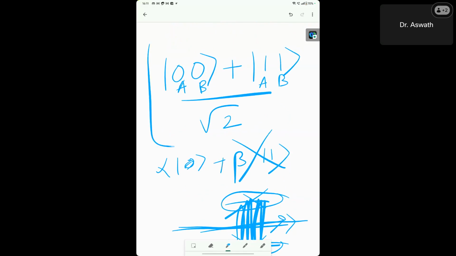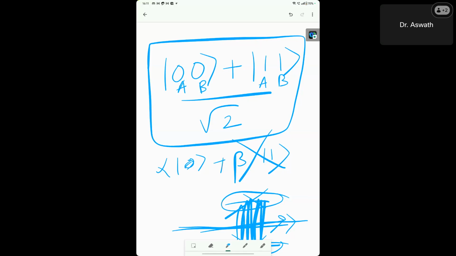Now come back to this entangled system of two atoms, for example atom A and atom B. What it says here is that both atoms can be in the ground state or both in the excited state with equal probability. The probability amplitude is 1 by square root of 2, which means equal probability.